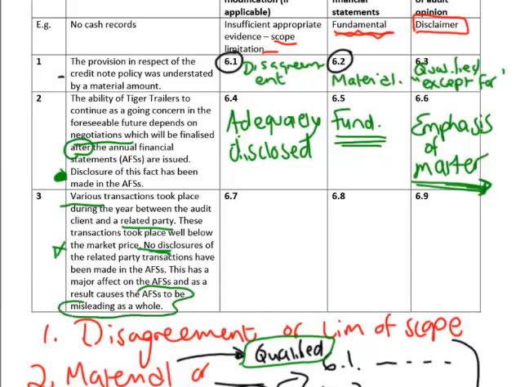So they've already told you that the entire financial statements are misleading, which would mean it's fundamental. It's a material misstatement. We've got a disagreement with management. Once again, they haven't limited us on any information. They're supposed to disclose something that they haven't. It is fundamental, material and pervasive in this case.